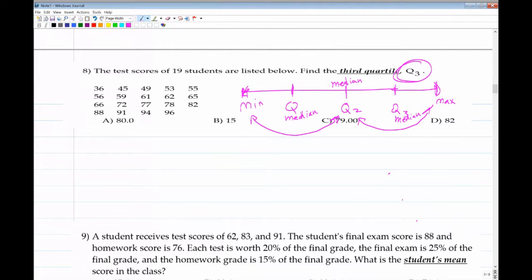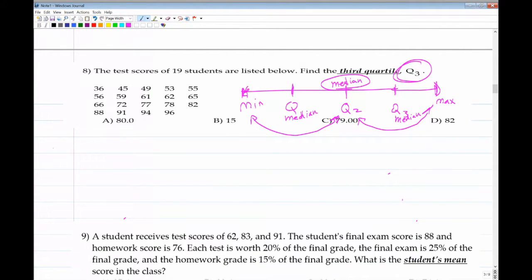So they're all talking about the median. They're all in the middle. But it depends when. This is the median for the entire data, Q2, but Q3 is the median for the second set of data. So now let's find out, first of all, where is your Q2 to start with.